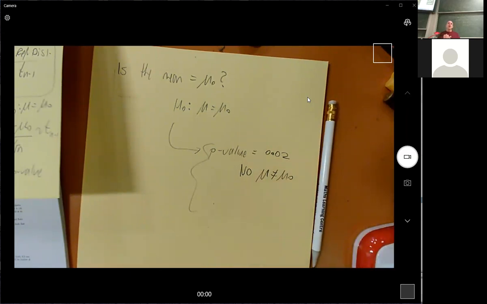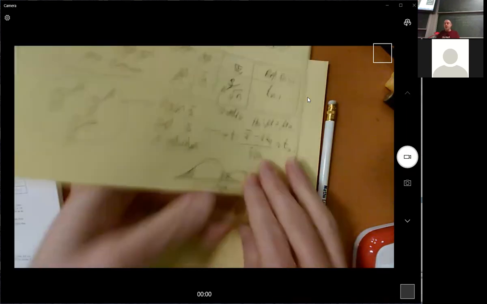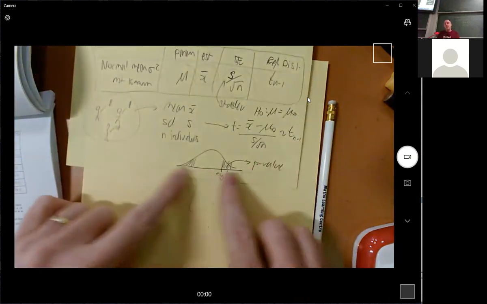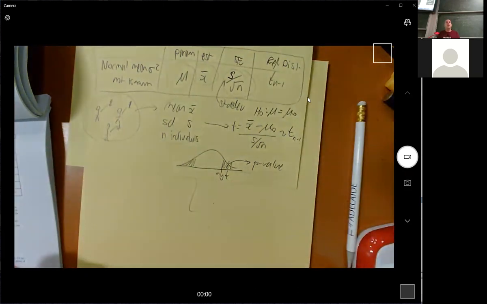But you don't normally say it that way. You would say there is strong evidence to suggest that the mean is not. Because you have too much area under the bell curve. Not enough area worse than mine. The point is that the t you calculated is really far out in the edges. So the further out it is, the lower the p-value is, and the less ordinary it is, the less likely it is to happen.